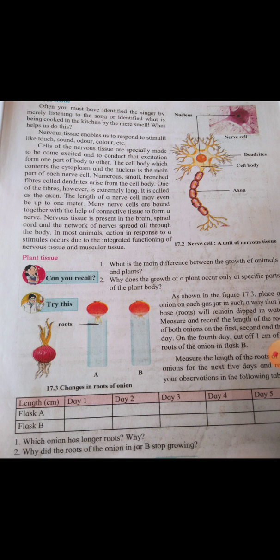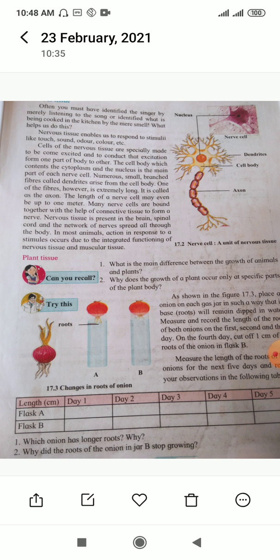The cell body, which contains the cytoplasm and nucleus, is the main part of each cell. We know there are different parts of the body and their cell bodies and functions.